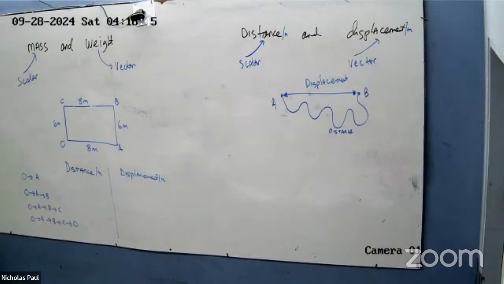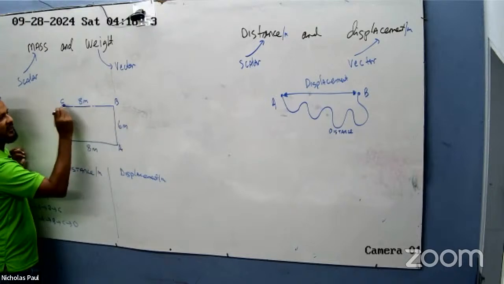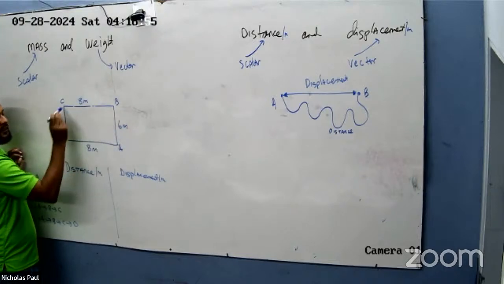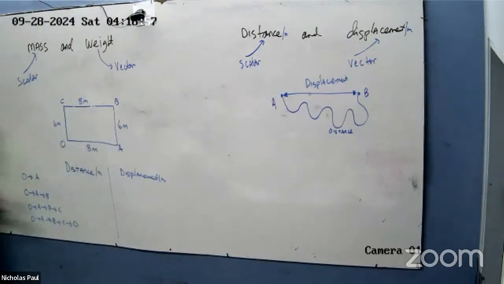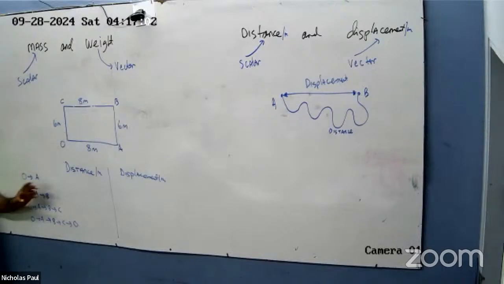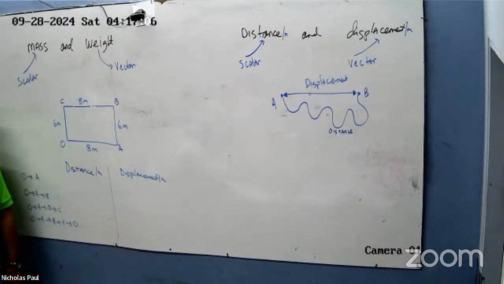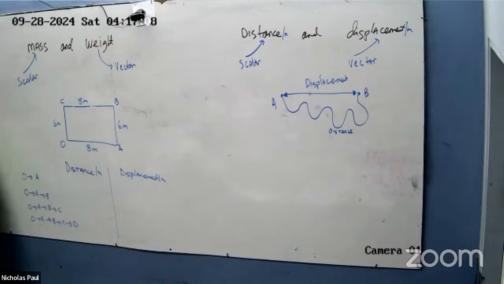Right, here we have 4 instances. An object moving from O to A, O to A to B, O to A to B to C, then O to A to B to C to O. Using this part here, see if you can figure out the total distance moved and the total displacement using those definitions.